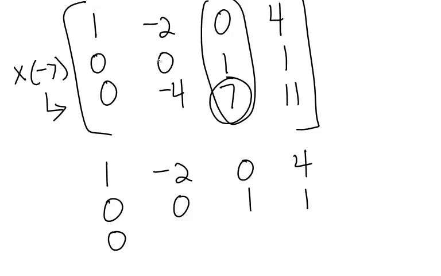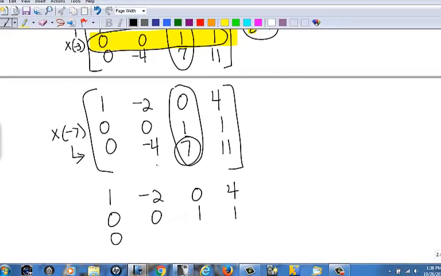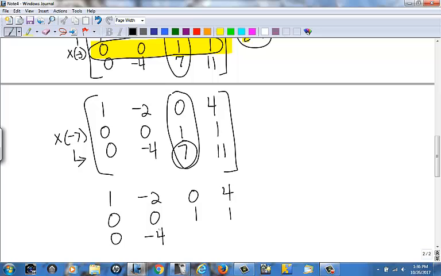That stays a 0. -7 times 0, 0 plus a -4. -7 times 1, -7 plus 7, 0. -7 times 1, -7 plus 11, 4.